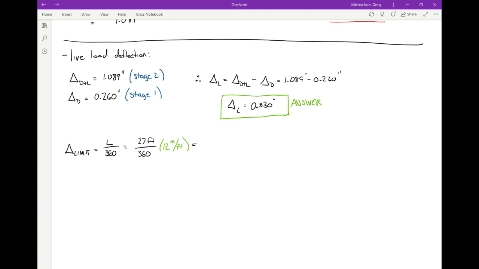I'm sure everybody can do that. And that ends up being 0.9. So our live load deflection is 0.830, and our limit, or our maximum allowable deflection, is 0.9. So ACI limits met.